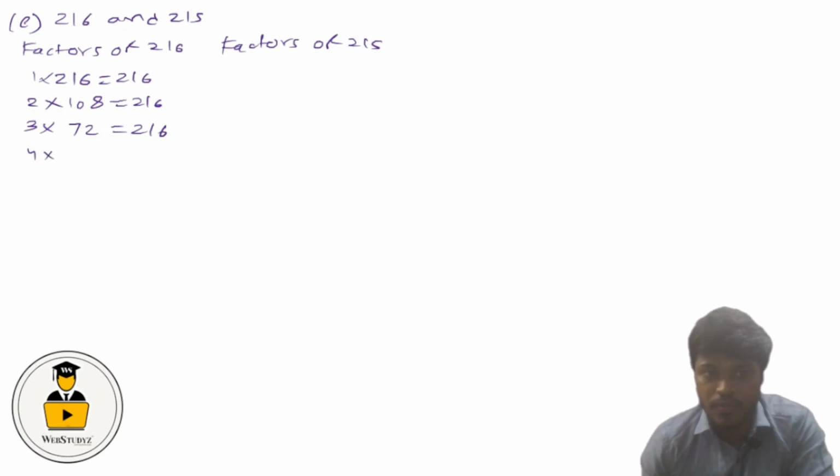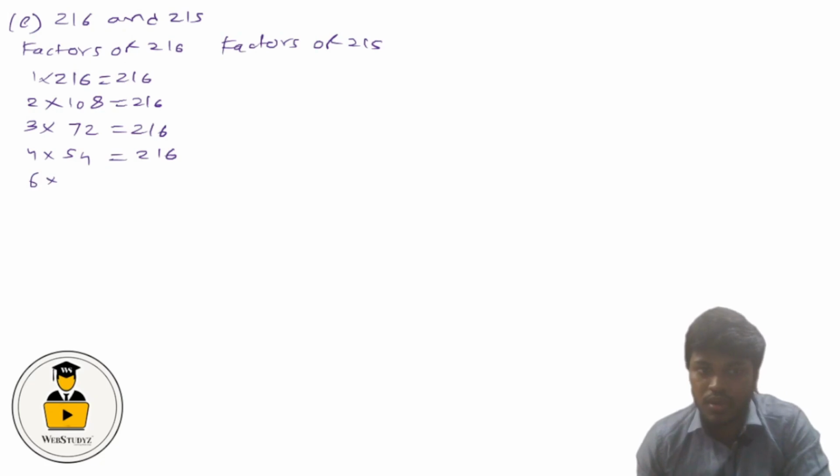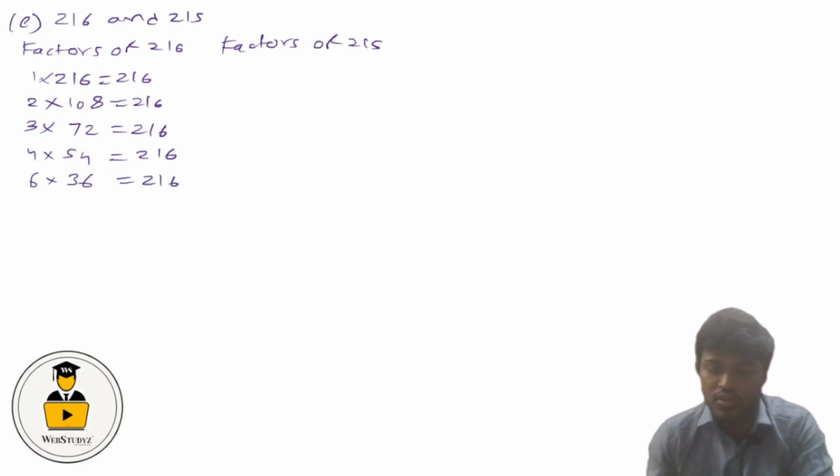Then 4 into 54 will give us 216. It is not divisible by 5, but it is divisible by 6. Since it is divisible by 2 and 3, it will also be divisible by 6, so it will be 6 into 36.